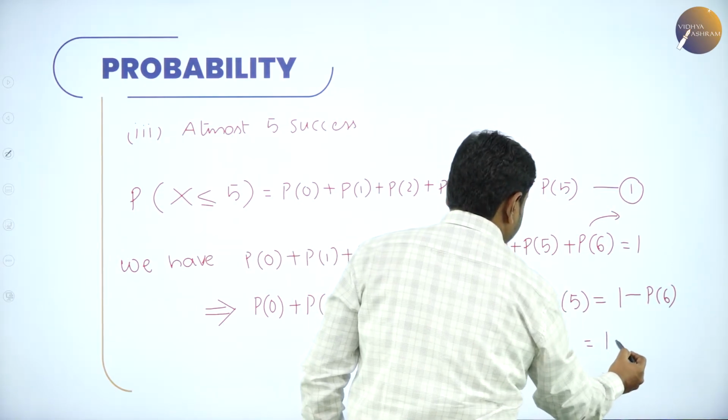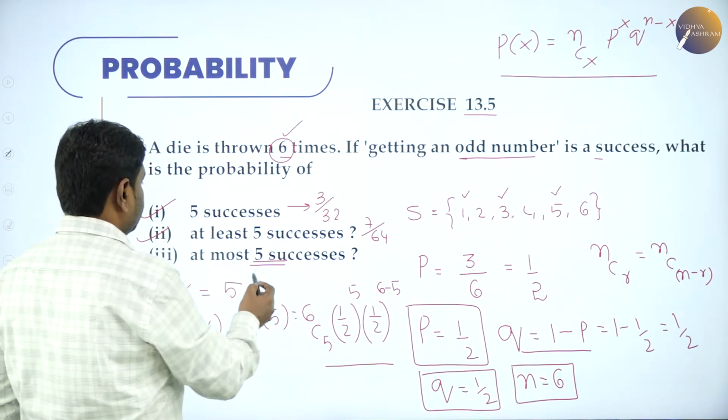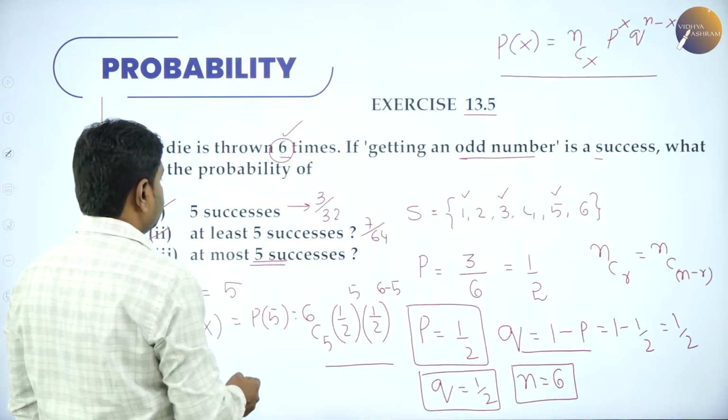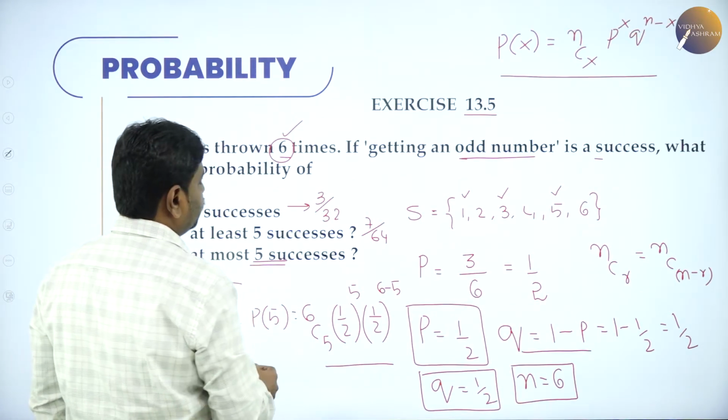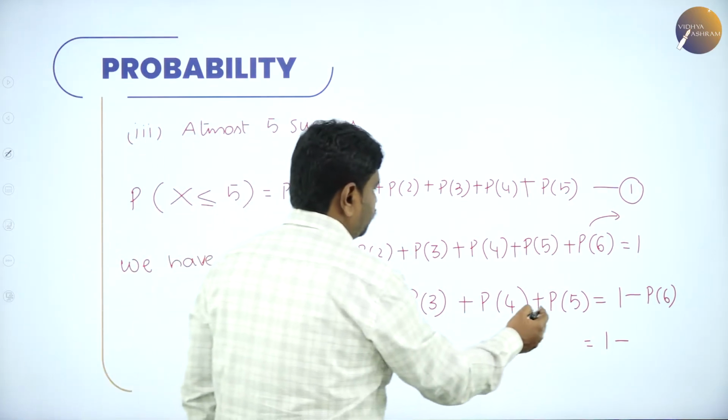That will be 1 minus P of 6. What is P of 6? So P of 6, if you find it, enough. Just now we have done at most 5 successes. In that we have done P of 6 also. Or we can find just P of 6.